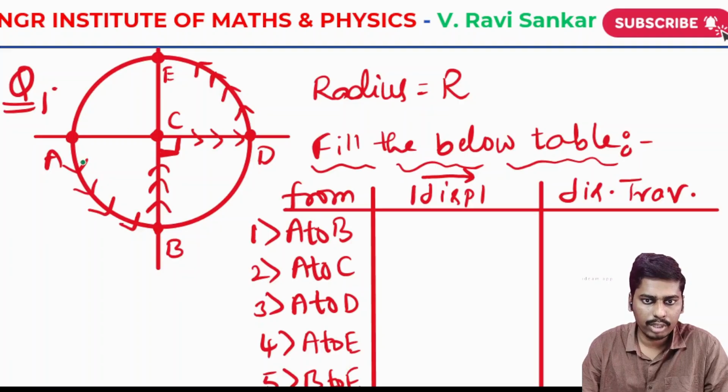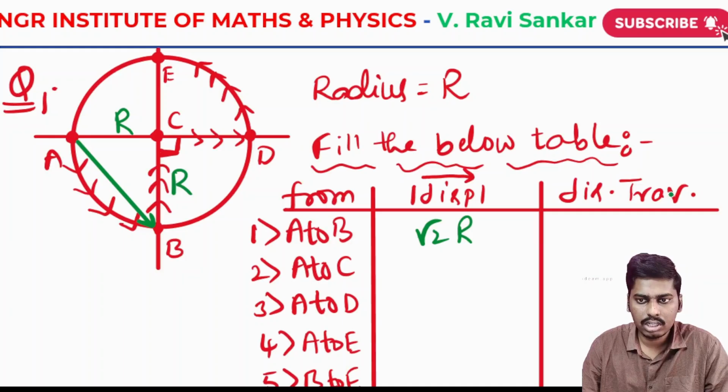That means from A to B, the value is going to be like this. This is the displacement, and we need to calculate this value. Since this is r, the value is root 2 r.